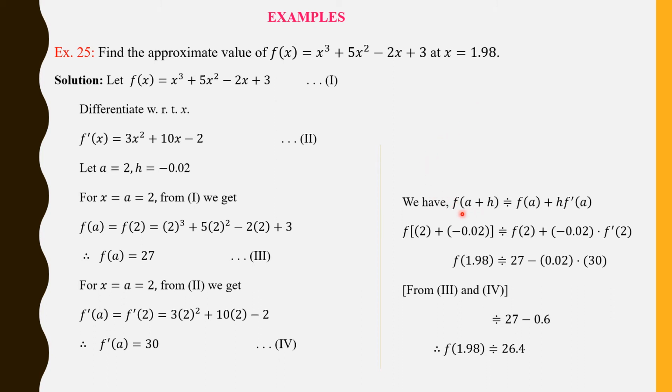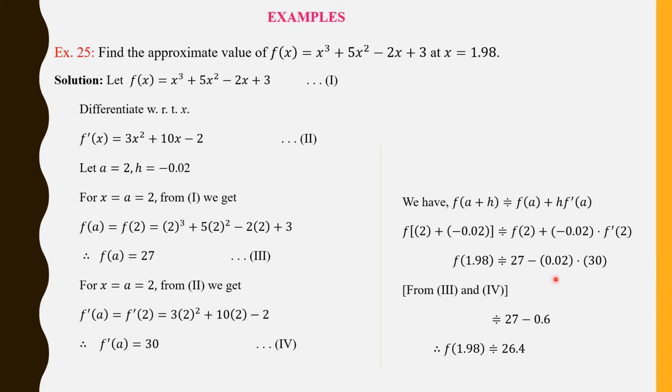By the approximation formula, f(a + h) = f(a) + h·f'(a). f(2 + (-0.02)), where a is 2 and h is -0.02, is equal to, putting the values of a and h, f(2) + (-0.02) into f'(2). Adding these, f(1.98) is equal to the value of f(2), which is 27, plus (-0.02) and the value of f'(2) is 30.